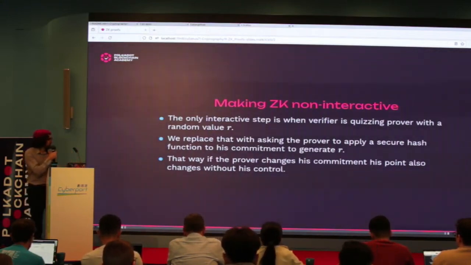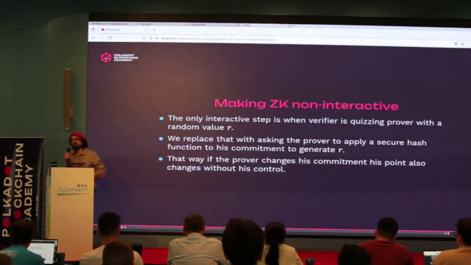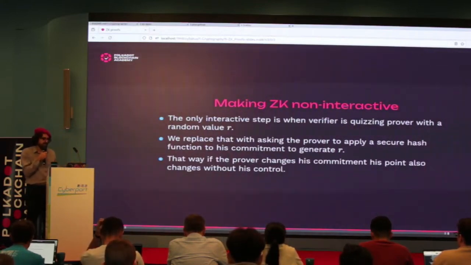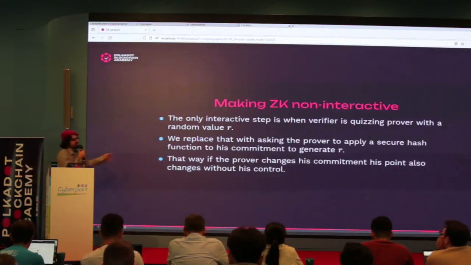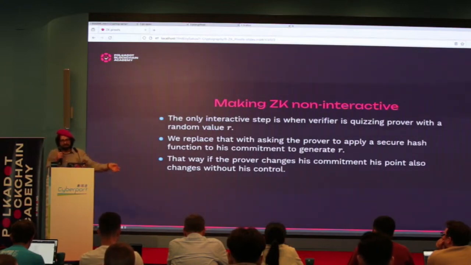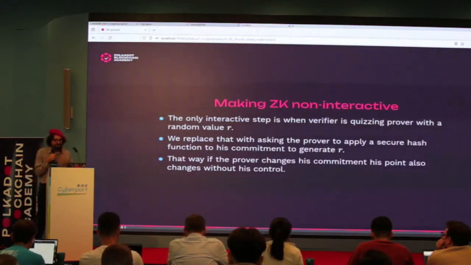So by using a hash function, we make it non-interactive. The verifier will be the hash function, which takes your commitment, hashes it and gives a random value back. That way you have a non-interactive proof. You have a commitment with a hash of it, which gives you U, and then you use U to compute FU and FQ, and then show that your proof is correct and everybody can verify it.